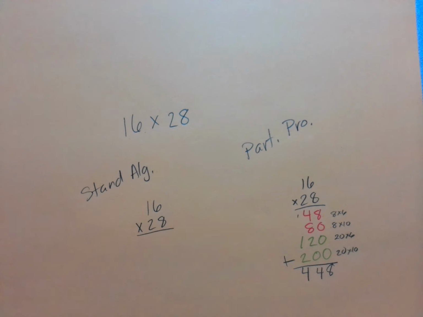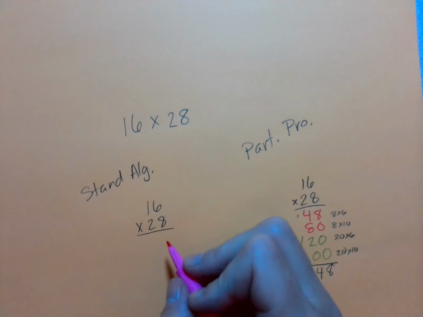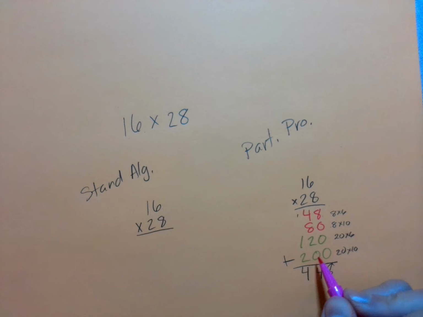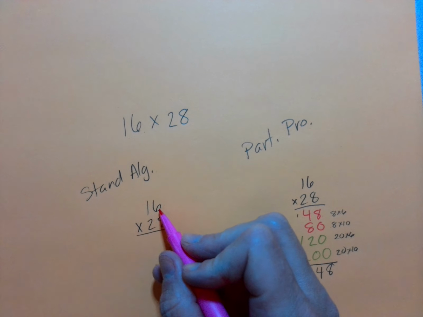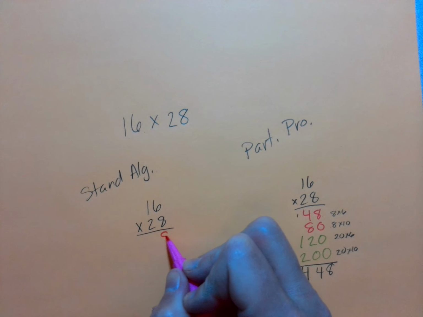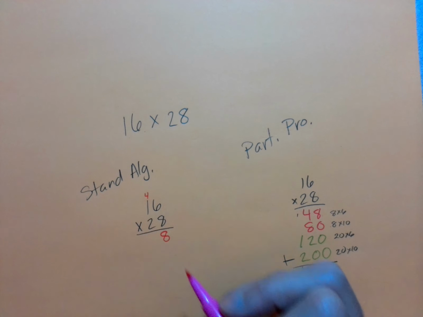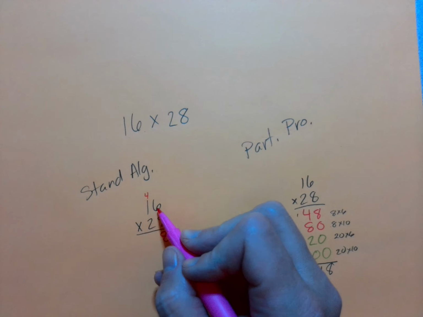So let's see if our standard algorithm in the steps, how they compare to this. So I'm not going to think of the place value that each of these digits in, and I'm going to do my carrying instead of putting all the parts. So 8 times 6 is 48. So I'm going to carry my 4, see my 48. And then I'm also going to do the 2, or not the 2 yet.